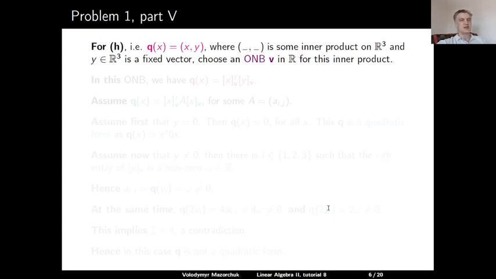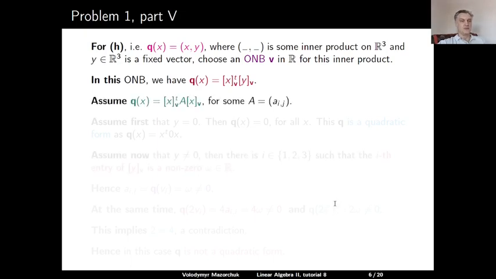So from the expression, we see that q of x in this orthonormal basis is equal to the transpose of x's coordinates in the basis V times y's coordinates in the basis V. Assume that we can write the same thing as the transpose of x's coordinates in the basis V times some 3 times 3 matrix A with entries aij times x's coordinates in the basis V. So this is what we need to check to determine whether q is a quadratic form.